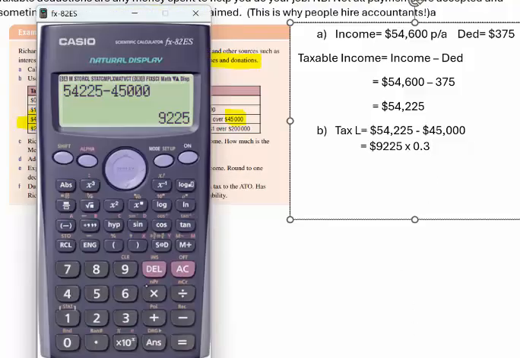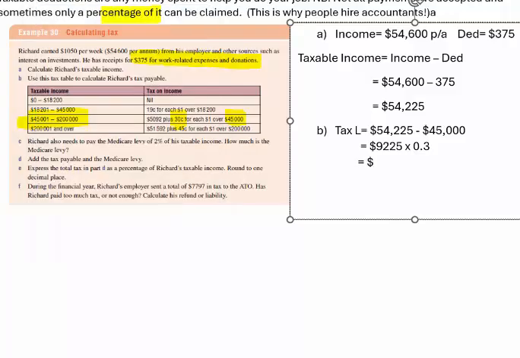So it's times 0.3 equals $2,767.50. So we'll say $2,768. So that's how much tax he owes for that amount of income.